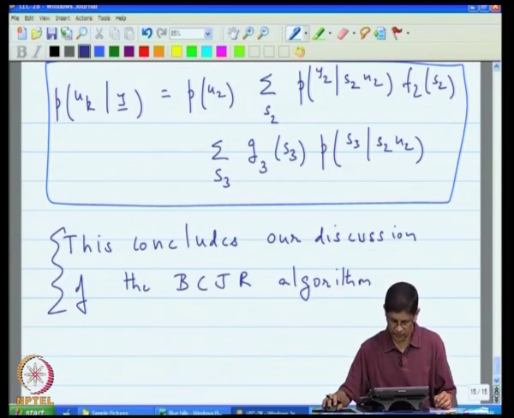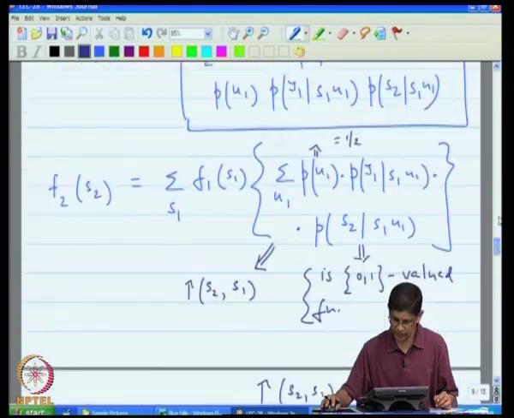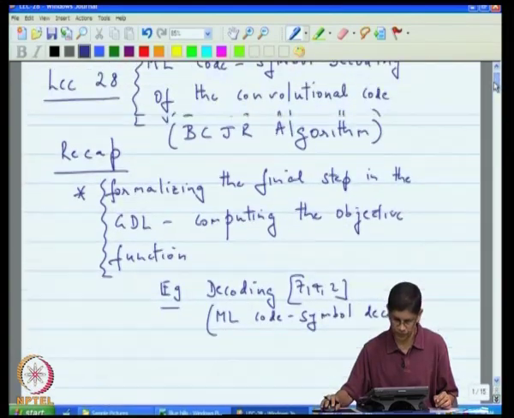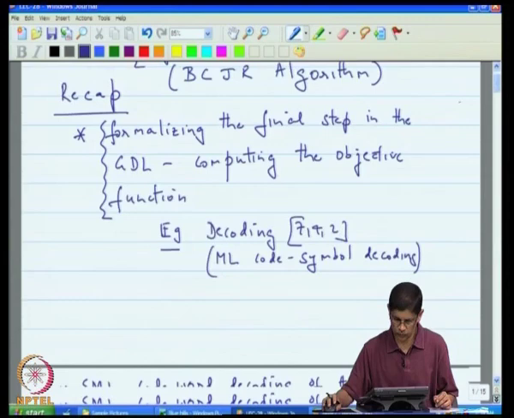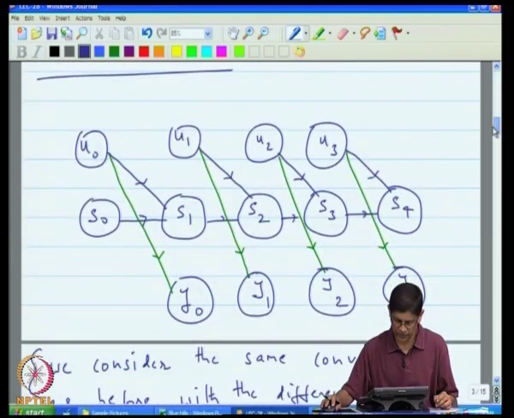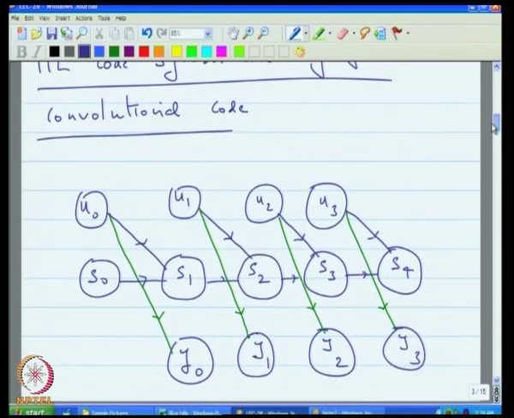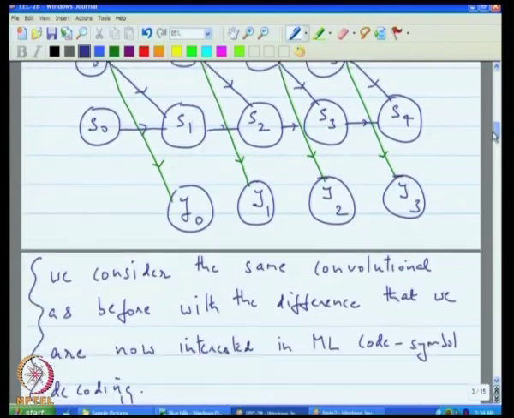And then there is another comment I actually wanted to make in this connection, which is that if you wanted to switch from the BCJR algorithm to the Viterbi decoding algorithm, then I am going to say it in words and I will summarize it very quickly.